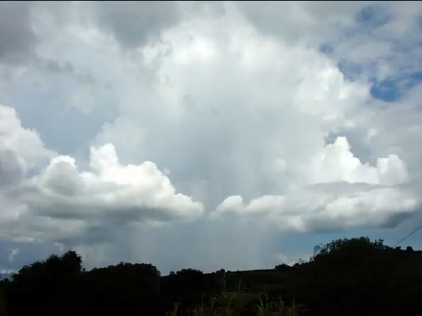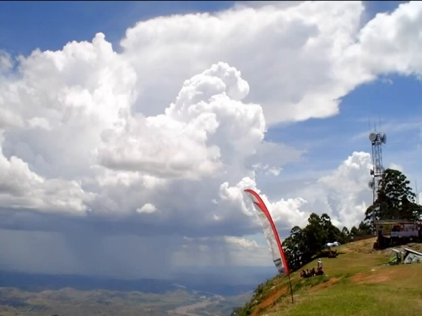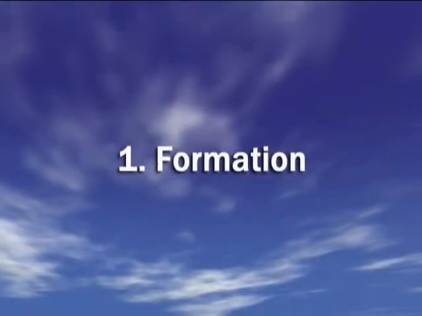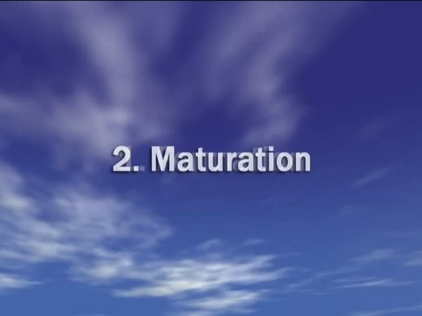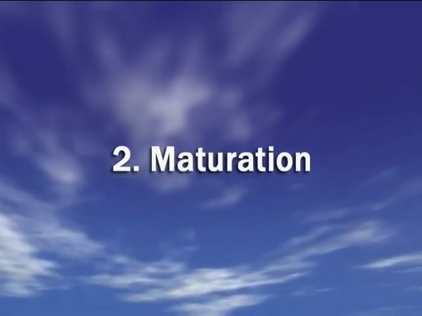Unfortunately, that's not the case, guys. The cumulus nimbus does not always become harmless from the moment that it begins to rain. Let's try to understand exactly how a cumulus nimbus works. The cloud presents basically three phases: the phase of formation, the phase of maturation, and the phase of dissipation.